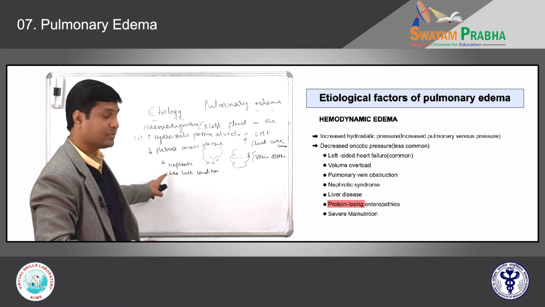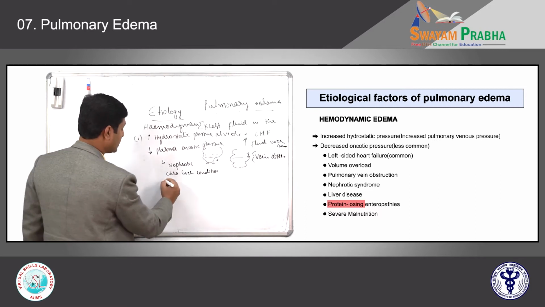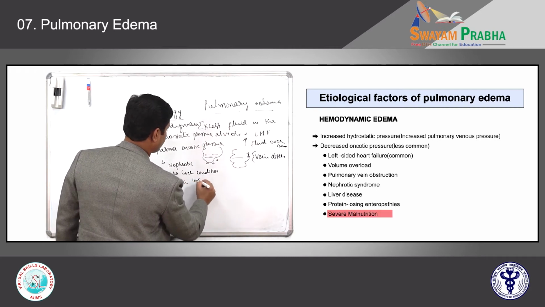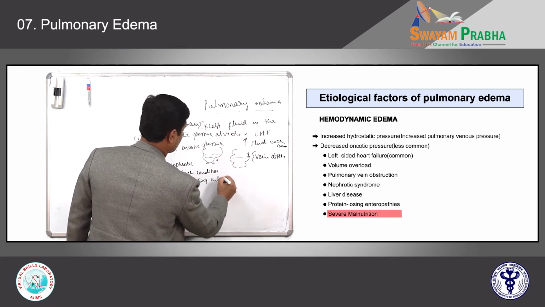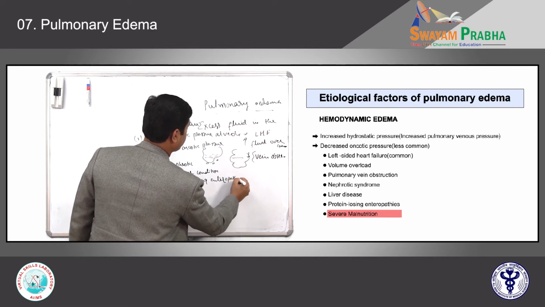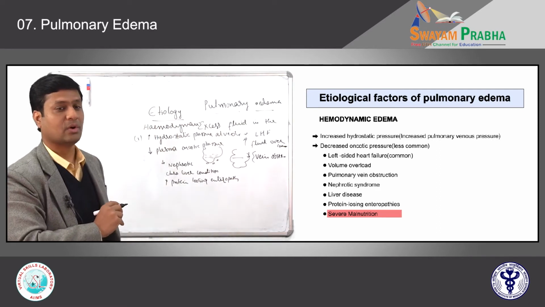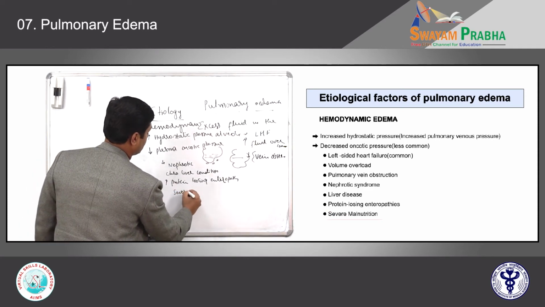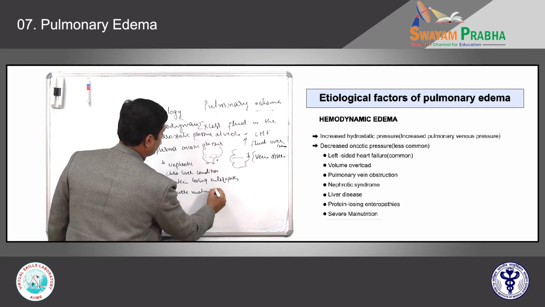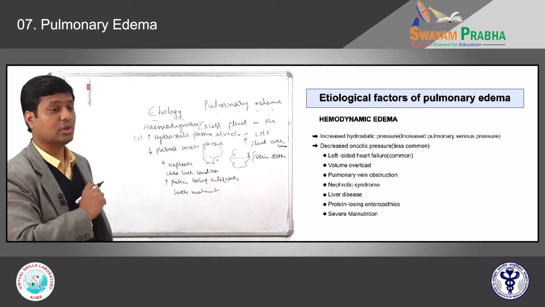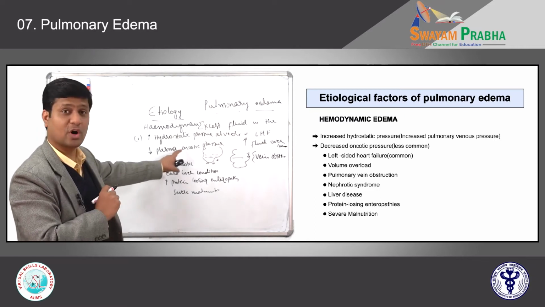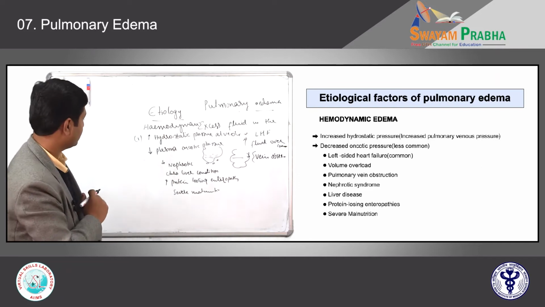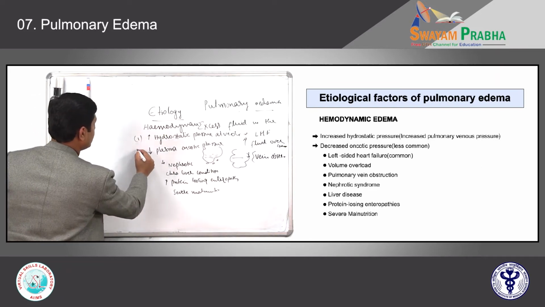Then again increased loss, as in protein losing enteropathy. And even in some cases of severe protein energy malnutrition. All those cause decreased plasma oncotic pressure, ultimately leading to pulmonary edema. So these are the two things you should remember.